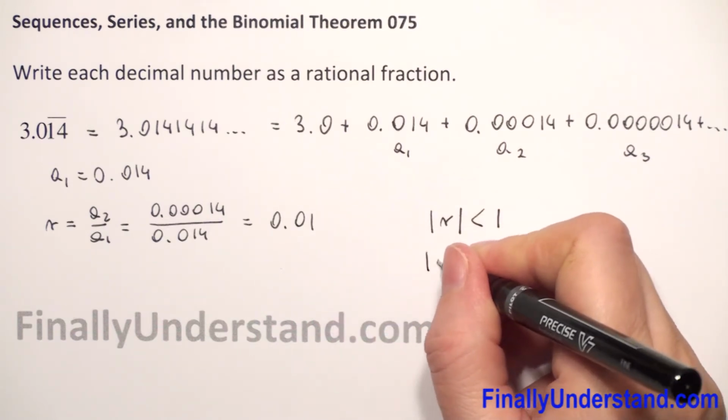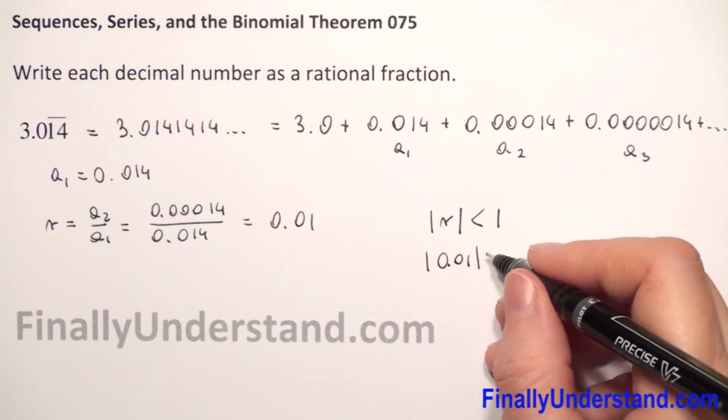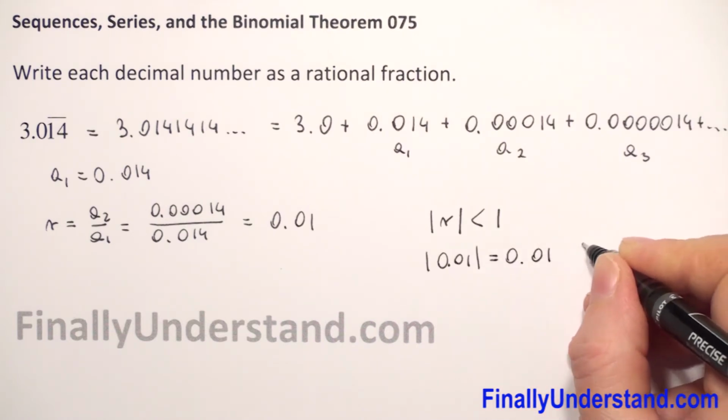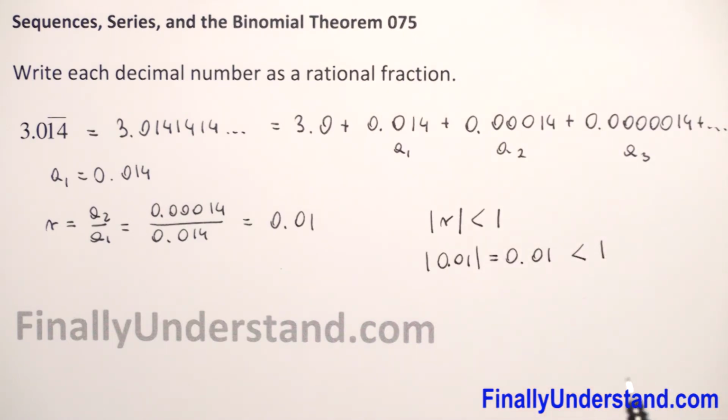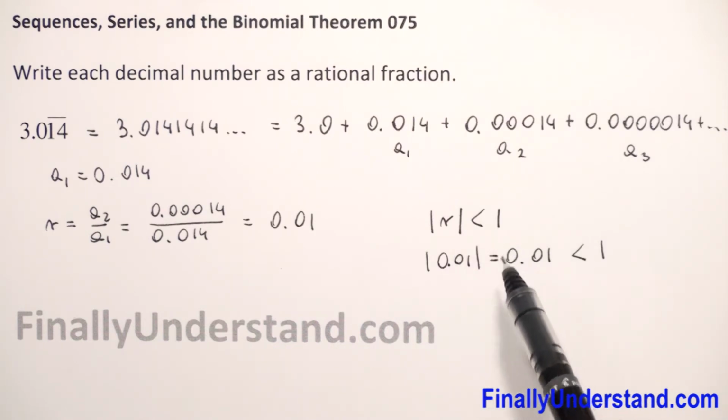R is 0.01, so the absolute value of 0.01 is equal to 0.01, and this is less than 1. So this infinite geometric series converges because the absolute value of r is less than 1.